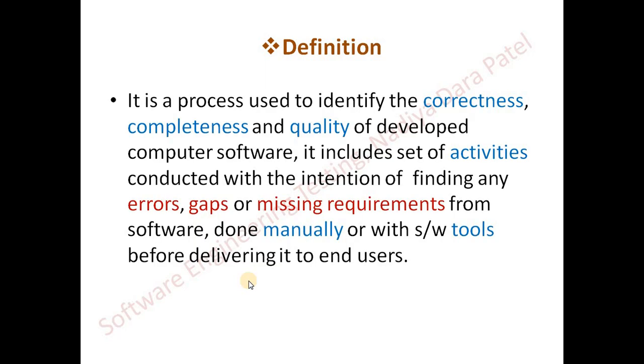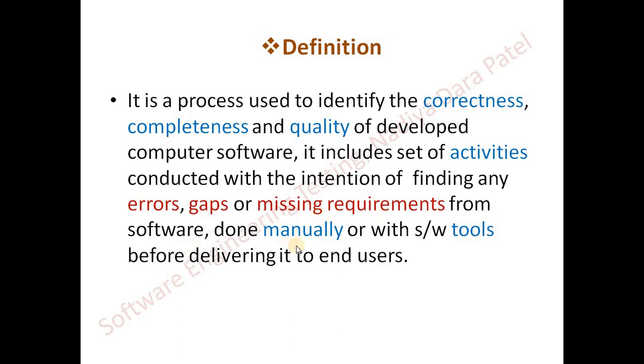Now let us coin a formal definition for testing. It is a process used to identify the correctness, completeness, and quality of the developed computer software. It includes a set of activities conducted with the intention of finding errors, gaps, or missing requirements in software.